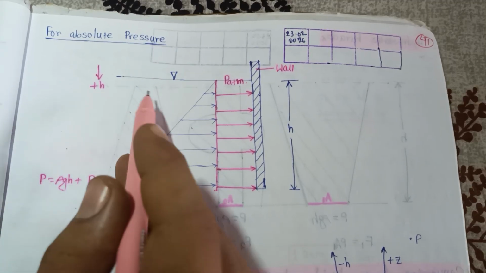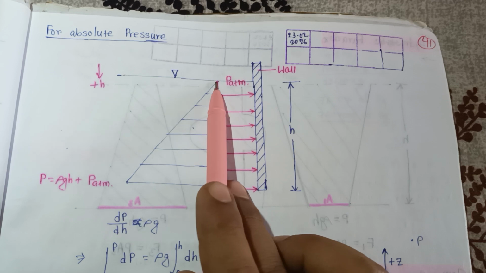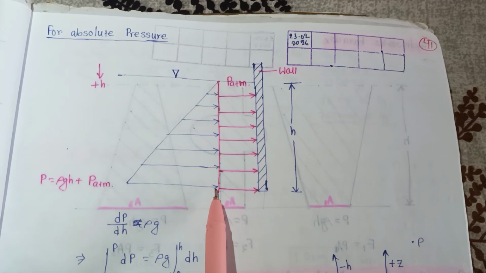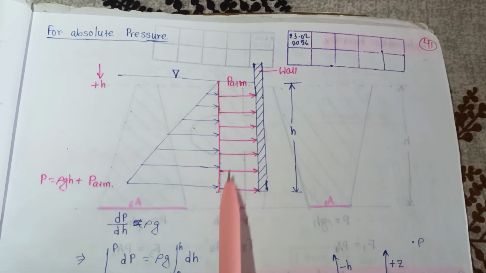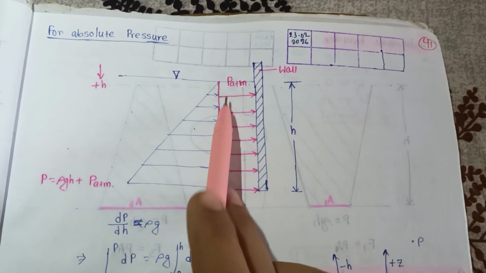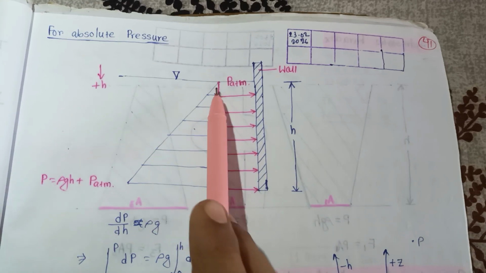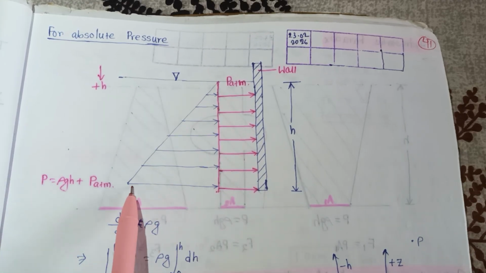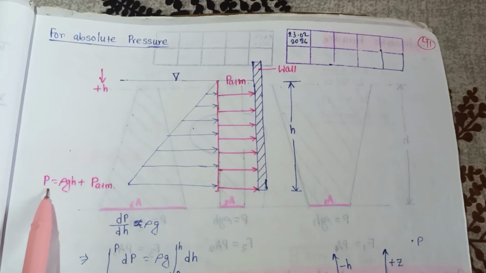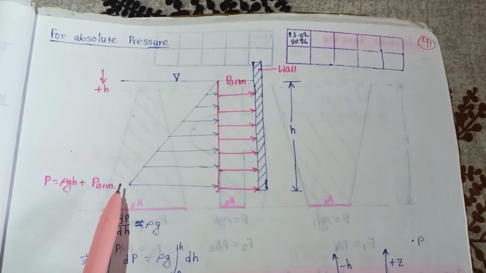The atmospheric pressure is almost constant over that depth, because the depth is very small. But due to the fluid, the pressure increases as depth increases. So here the pressure is equal to p atmosphere plus rho g h.